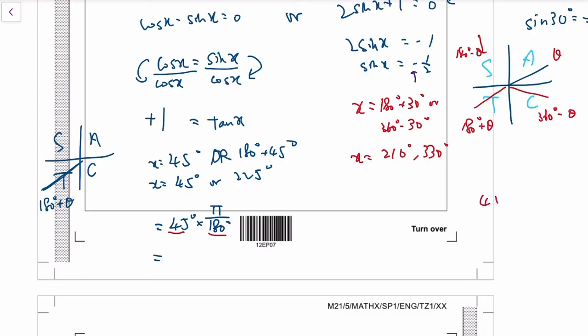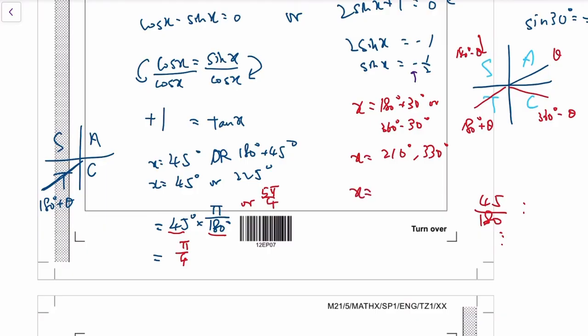You can do it like a fraction, right? They're both divisible by 5, and so on and so forth. It's good to do the practice, but this would be pi over 4. Then 225, if you do the simplification, would be 5 pi over 4.